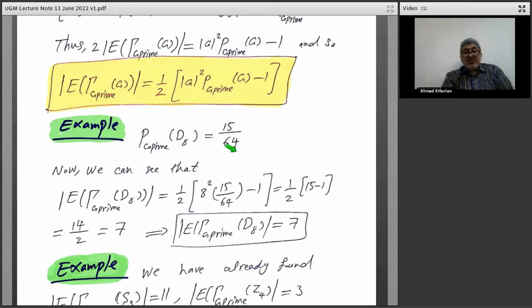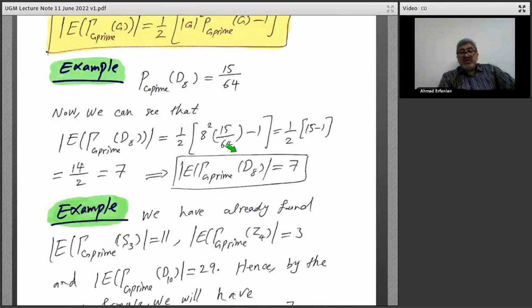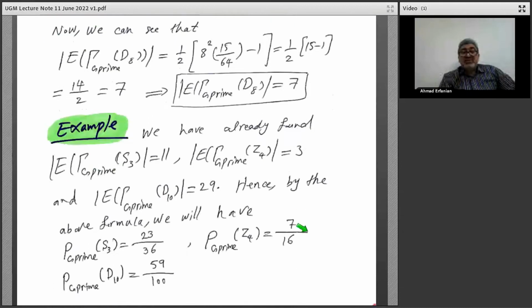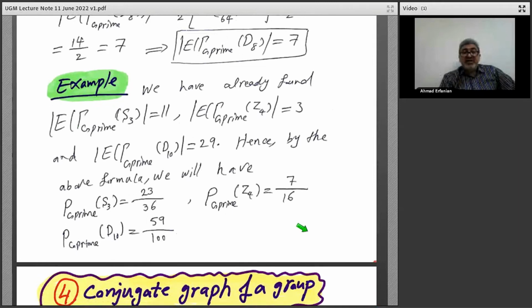So the number of edges of the coprime graph is half of the order of G squared times the coprime degree, minus 1. For example, if you look at the dihedral group of order 8, we have already found that the coprime degree of D8 is 15 over 64.